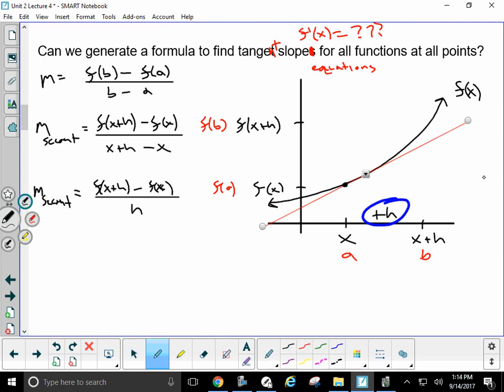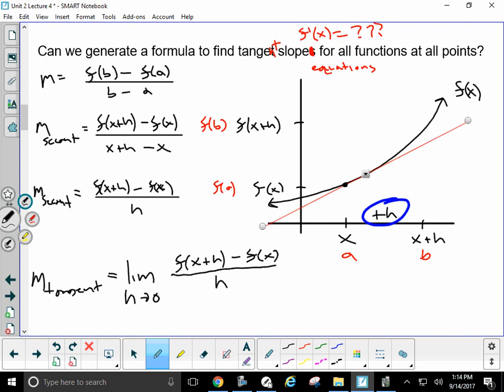So all of a sudden, for this now red line, which is a tangent line, I'm going to take the limit as h approaches 0 of this formula. Oh, that is not looking nice.